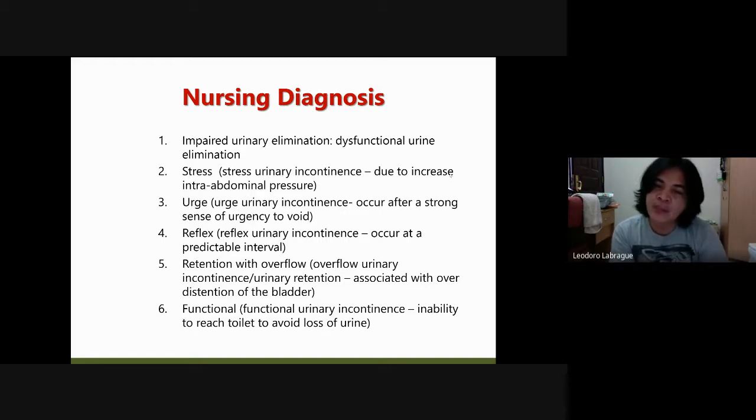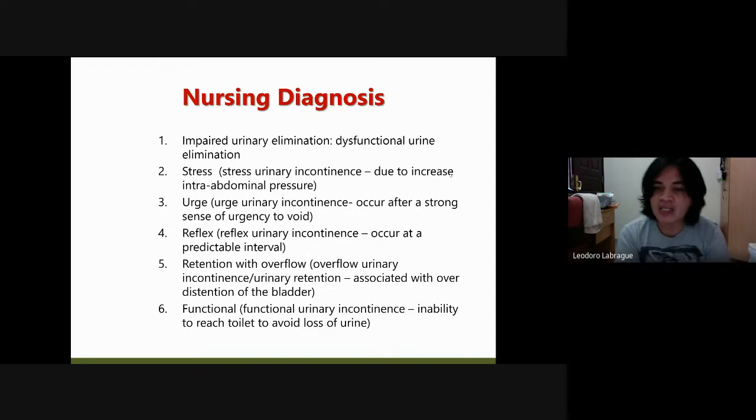I might say, the patient experiences urinary incontinence every time before the lunch hour. This type of urinary incontinence is referred to as, you know already, reflex.